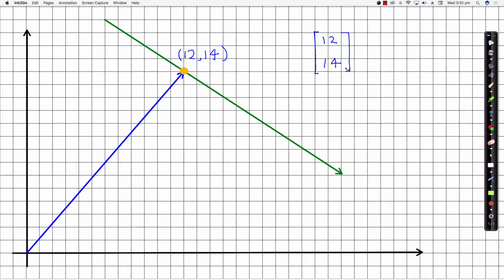Because points label fixed positions on the plane, but vectors have a length and direction and can be moved anywhere around the plane, we need to use different notations for points and vectors. So we use round brackets to label points and square brackets to label our vectors.